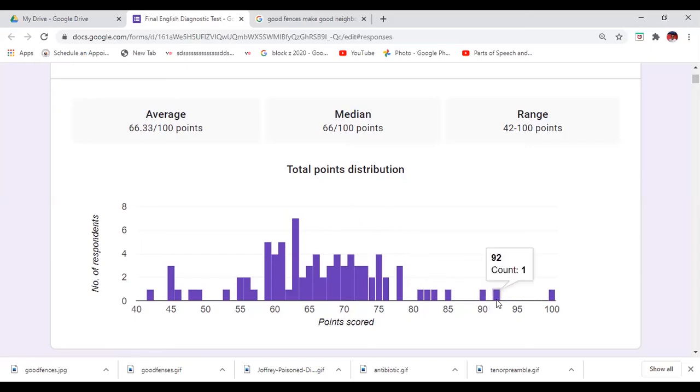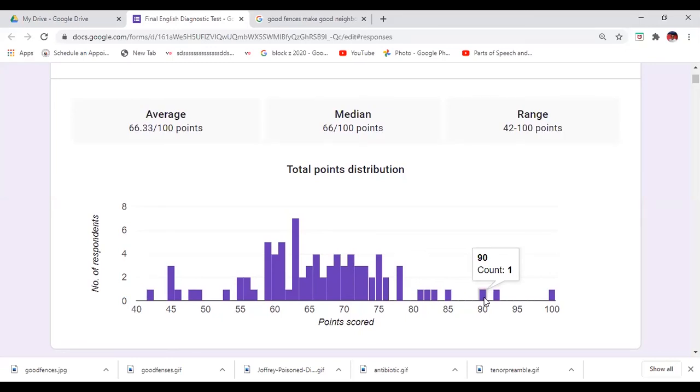We have one who got 92. Go, Sheila. I've told you guys that I cannot see the names of those who got the highest or who got the lowest. So do not be afraid. If you are the lowest to get the score, then I do not know you. So 92 is the second highest, and that was Sheila. Congratulations, Sheila. And then we have one who got 90.